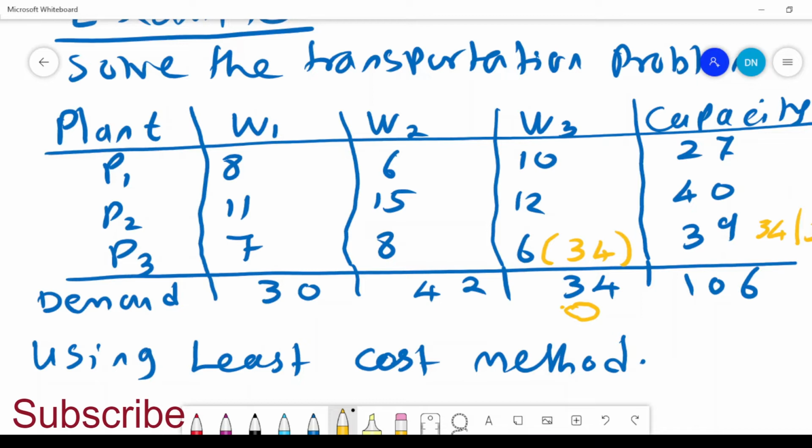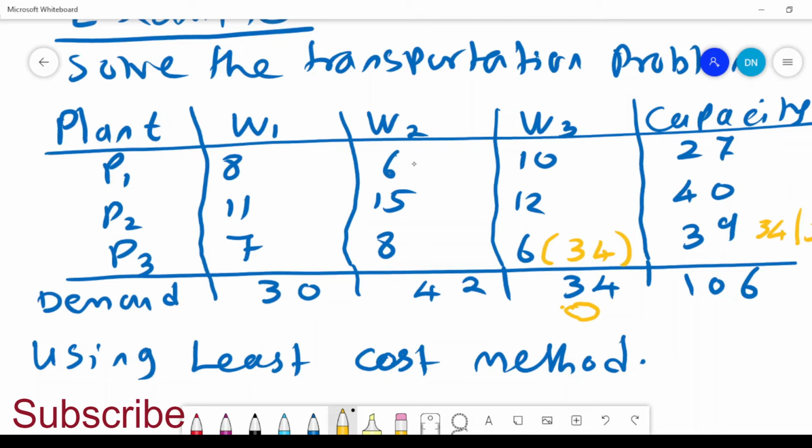But what we are saying by saying there's a balance of 5 is that P3 can still give 5 units to either W2 or W1. And since I'm using the least cost method, I'll go to W2 because I can see that to move a unit from P1 to W2 will require $6 per unit.